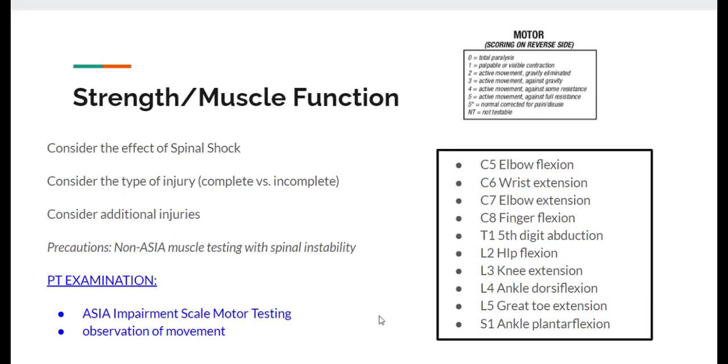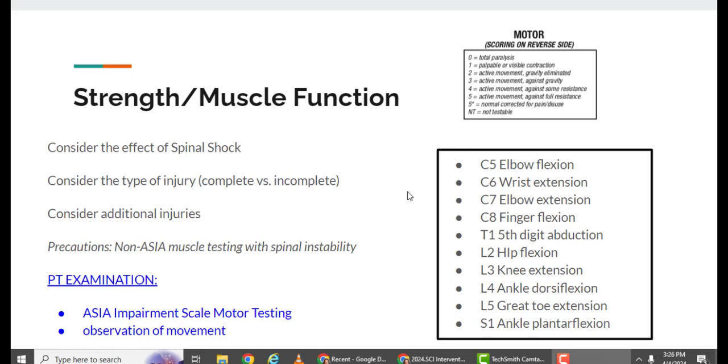So that's the importance of the zone of partial preservation and whatever movement that we can see in a patient that has an incomplete injury. We're always keeping an eye out for whatever movement we see coming along. We do also have to be cognizant that they might have suffered additional injuries and help with remediation of those problems.